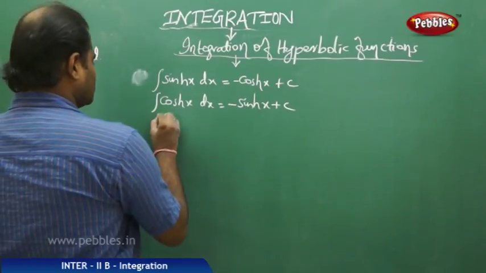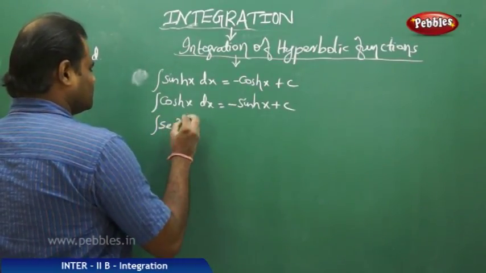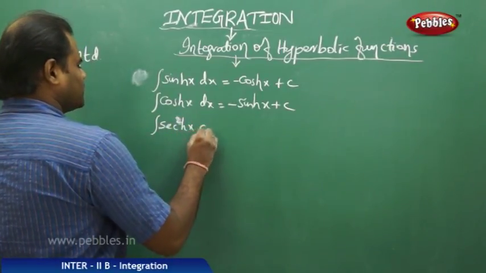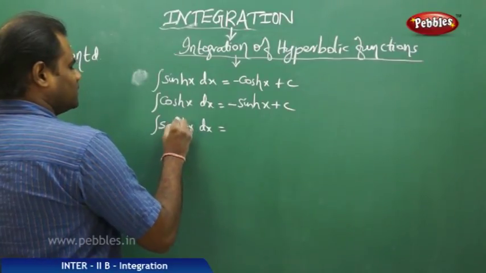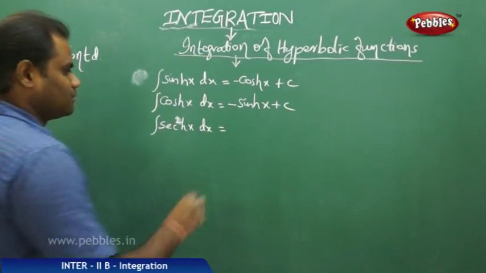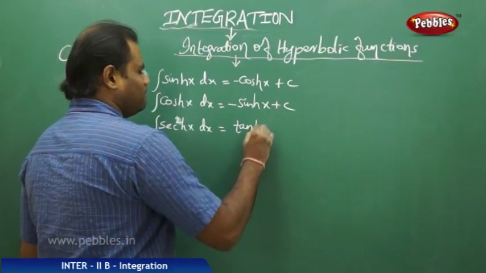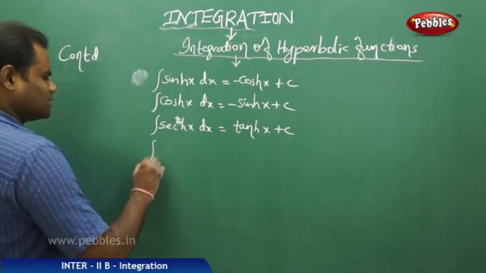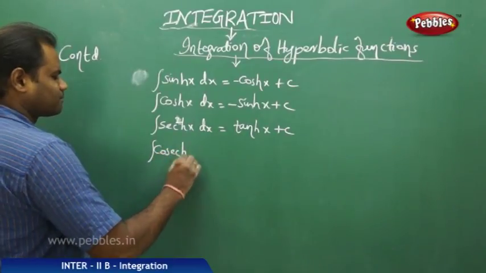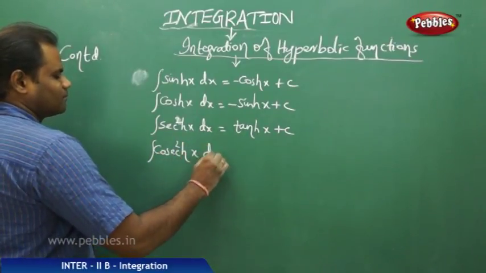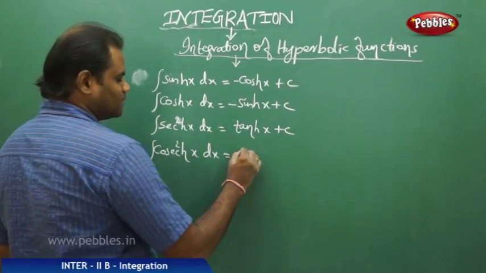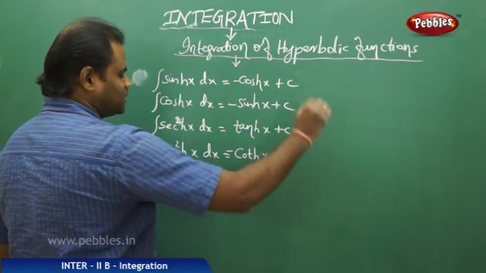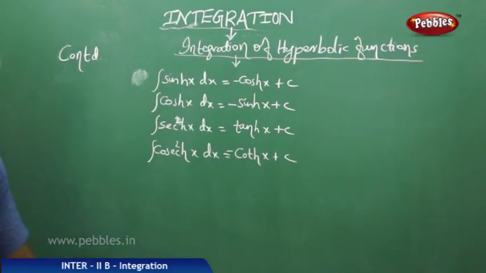Similarly, if I want to find integral of secant square hx dx, then this is nothing but tan hx plus c. And cosecant h square x dx is given by minus cot hx plus c.